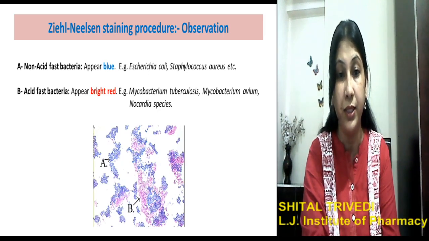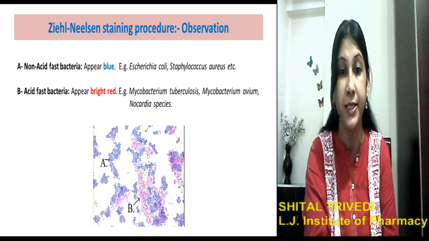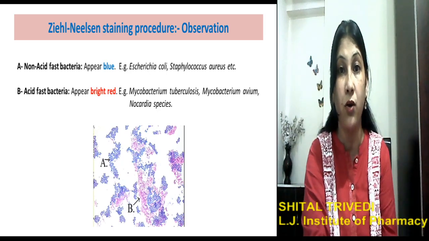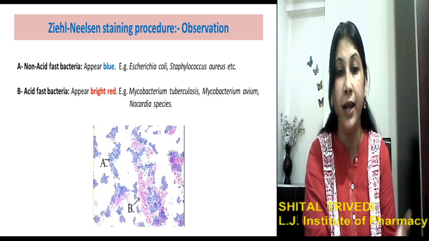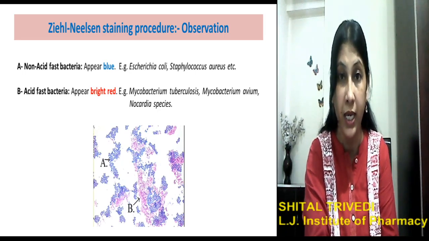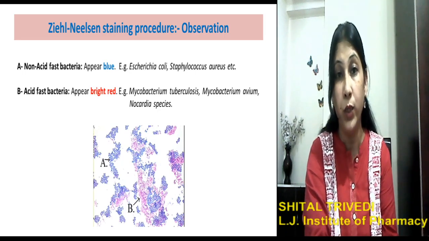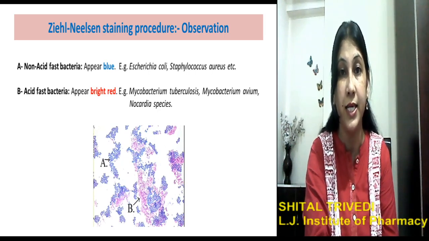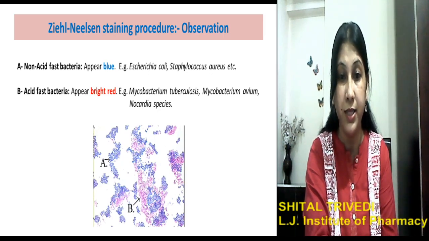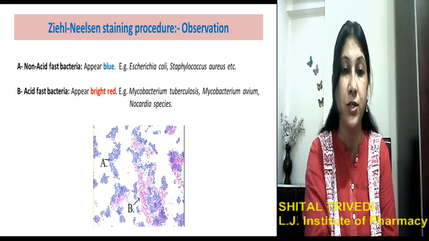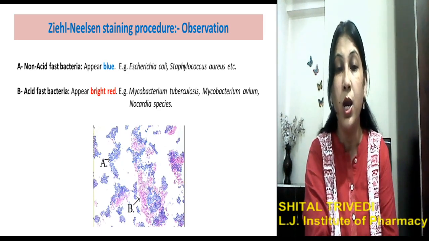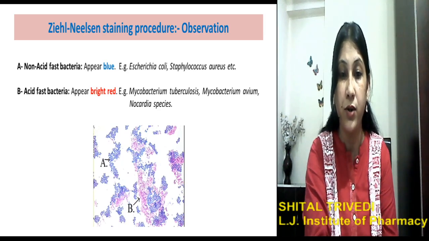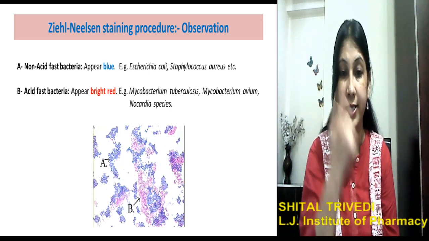So A indicates the blue color, that is the organisms with the counter stain, that is non-acid fast organisms, and the organisms labeled as B, that is with the primary stain, indicates the acid fast organisms. And if you look at the shape, the non-acid fast organisms are of cocci type, that is round in shape, whereas the acid fast organisms are in the rod shape, that is bacilli.